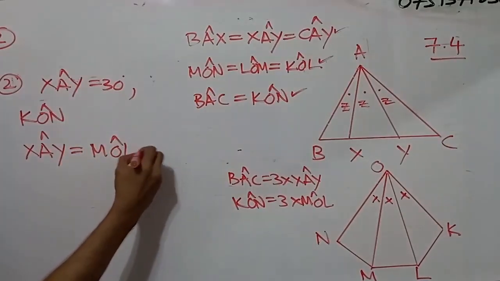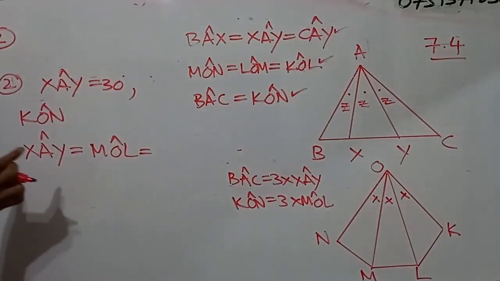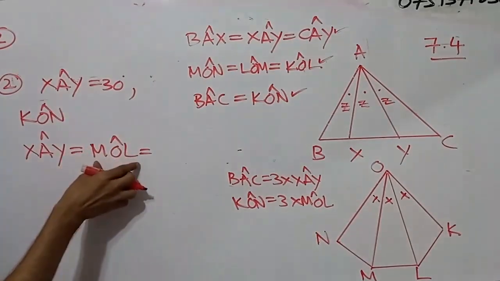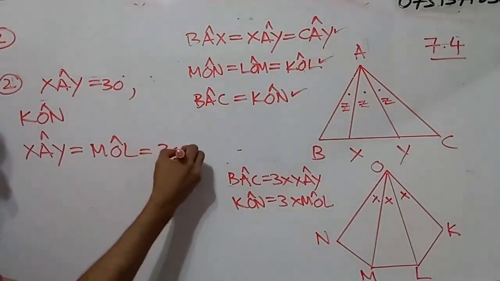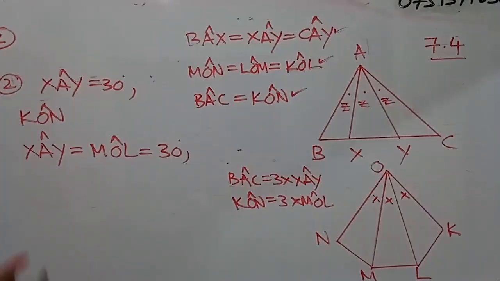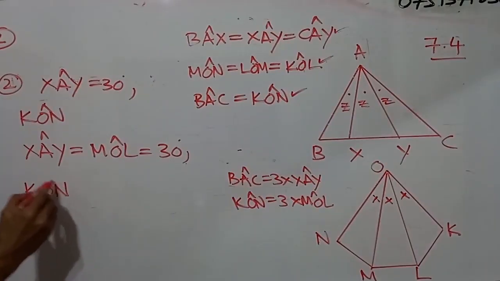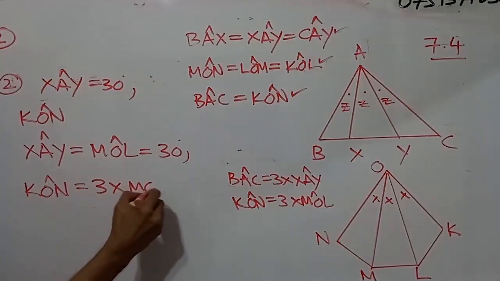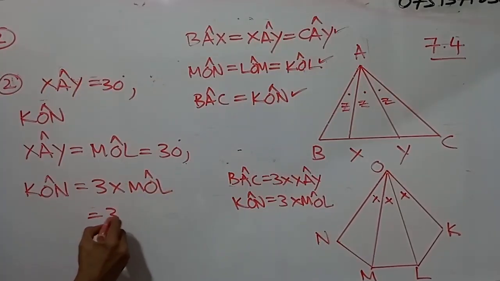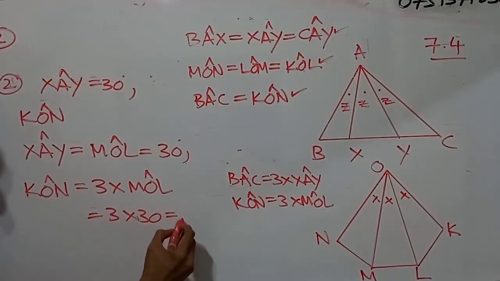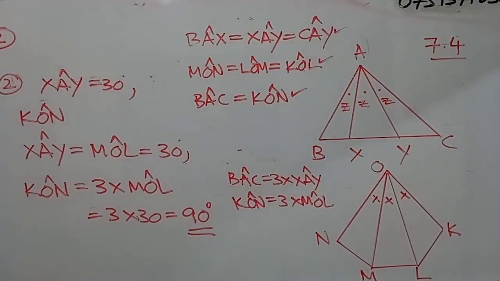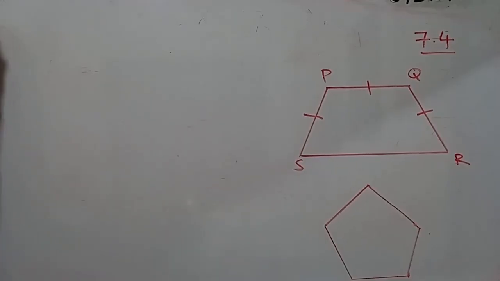So the magnitude of the angle XAY is equal to the angle MOL, which is 30 degrees. That means KON is 3 into MOL, which means 3 into 30, which is 90 degrees.